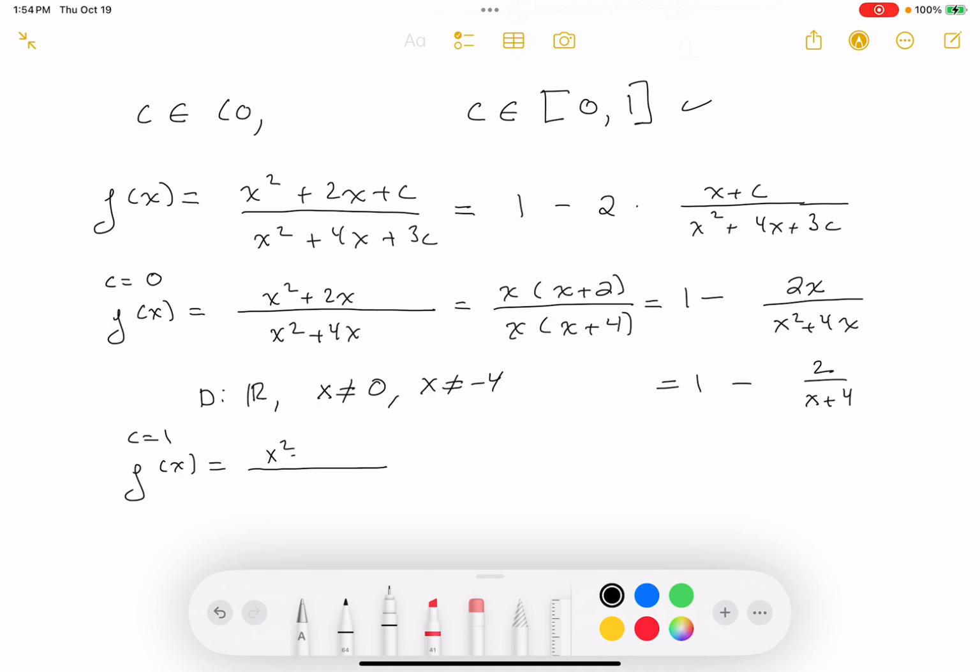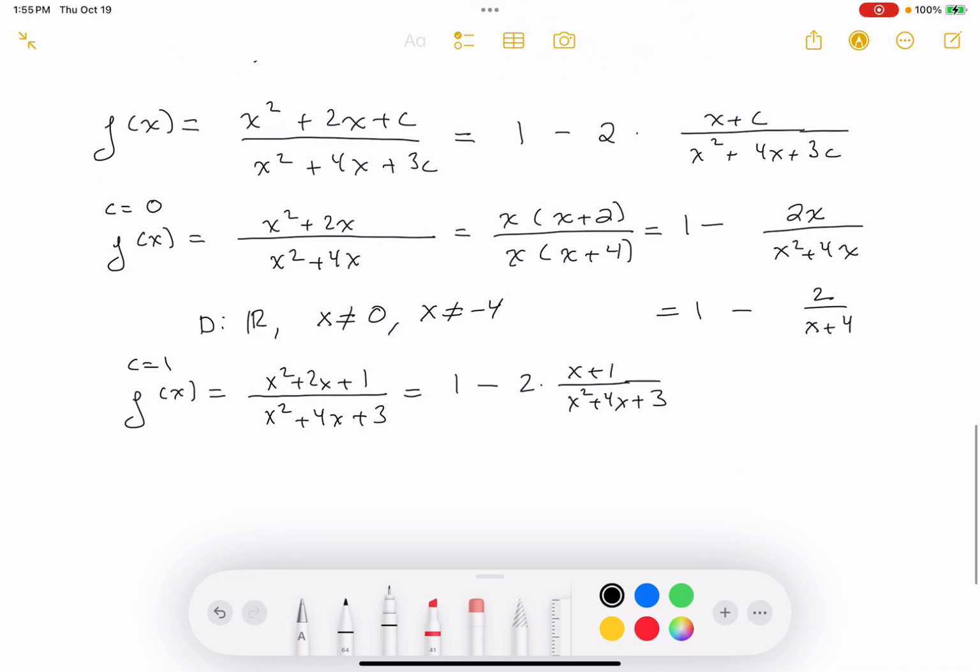What do you get? x squared plus 2x plus 1 over x squared plus 4x plus 3. That equals 1 minus 2 times (x plus 1) over x squared plus 4x plus 3. All right, let's take a look at that.